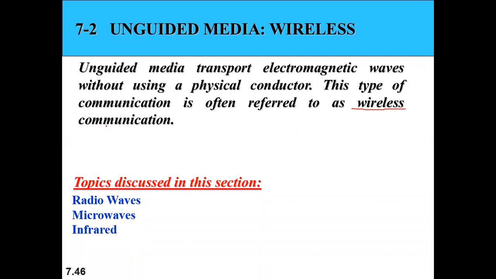Signals in a wireless communication are basically broadcast through free space, the region surrounding you, and are available to anyone who has the device for receiving them. So, for example, suppose you own a radio, right?